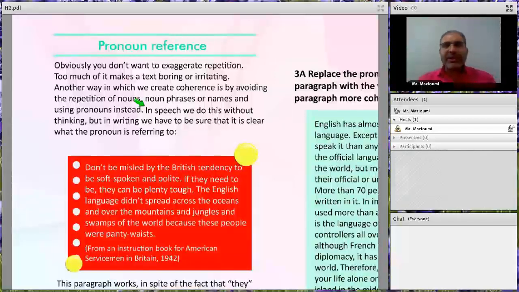It comes automatically, naturally. It is something in our blood, let's say. But in writing, we have to be sure that it is clear what the pronoun is referring to. So we need to be careful when we are using pronouns.